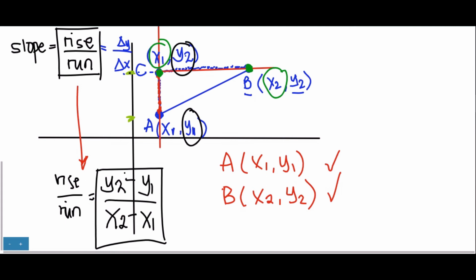Now, how do we use this formula? Let's say, for example, you are given 2 points. Let's have point A again. Point A is (2, 1), and point B is (4, 3).